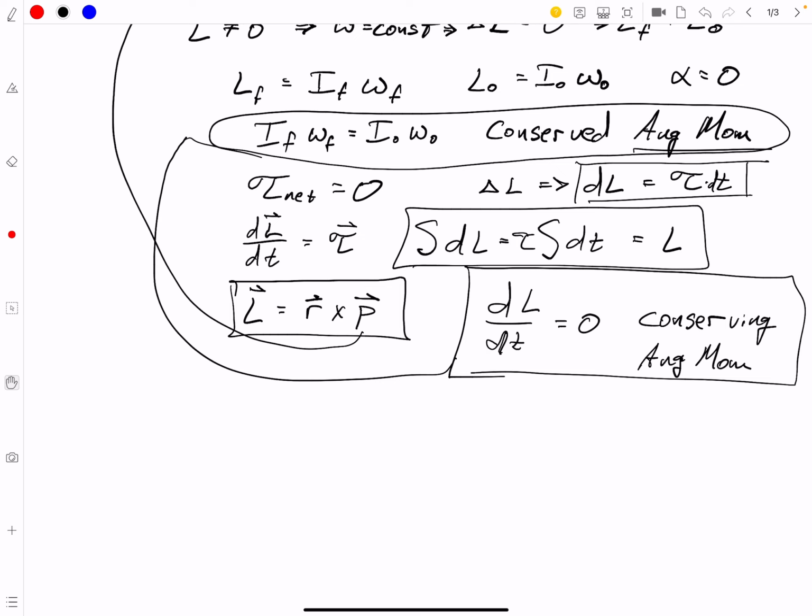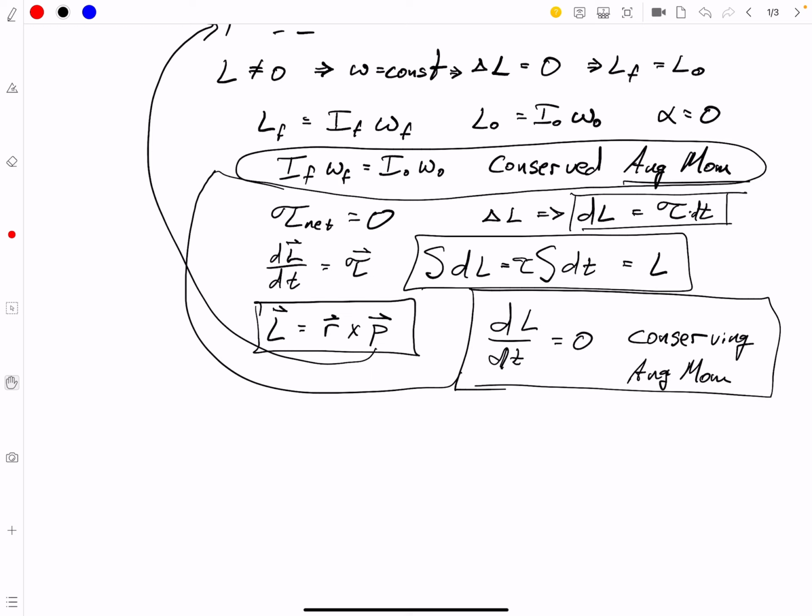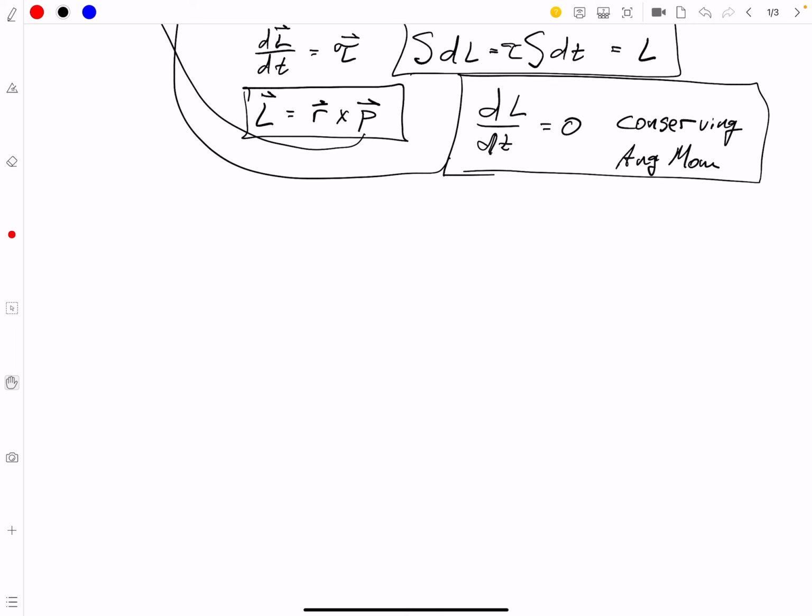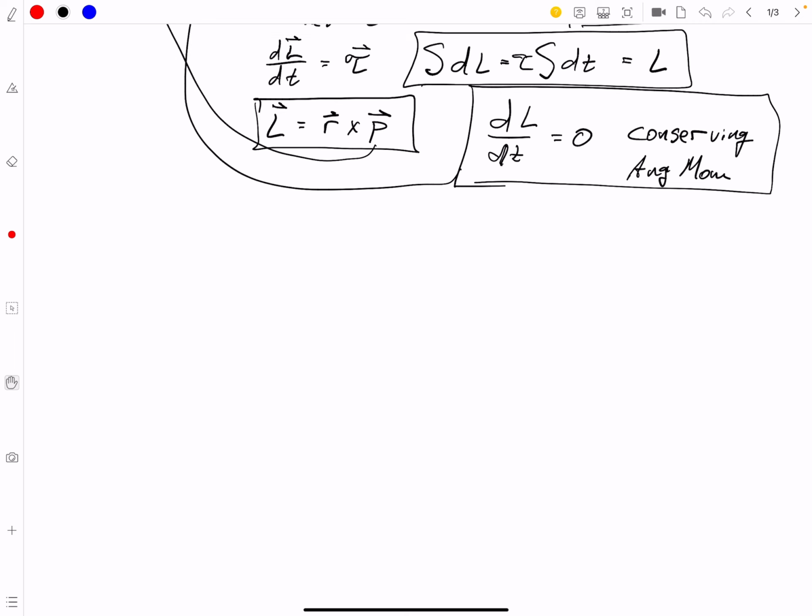Okay, we did do the can rolling down the hill.